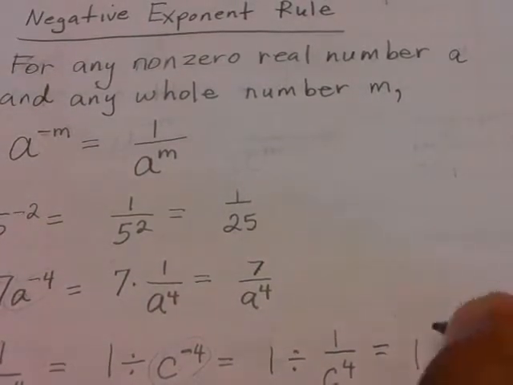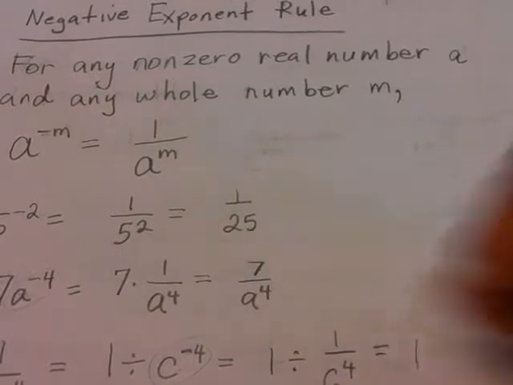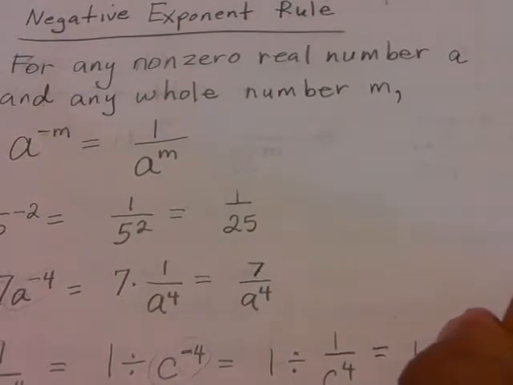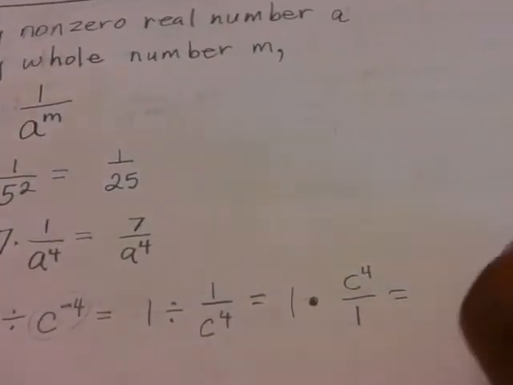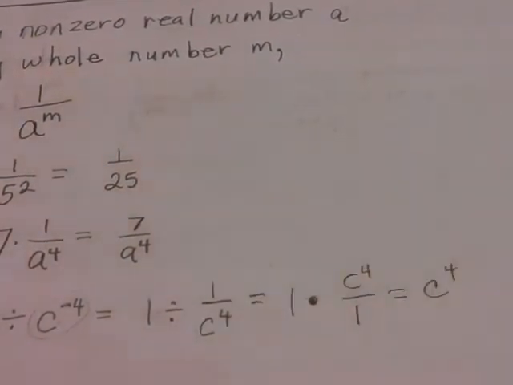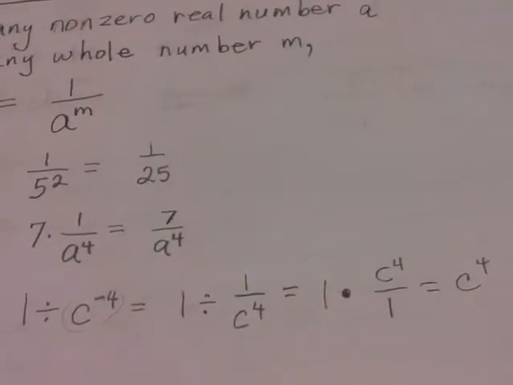So we have 1, and I'll change this to multiplication, and then we invert it: c raised to the power 4 over 1. And this becomes c to the 4th power.